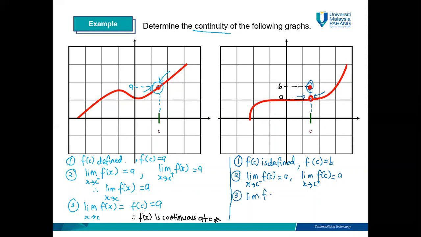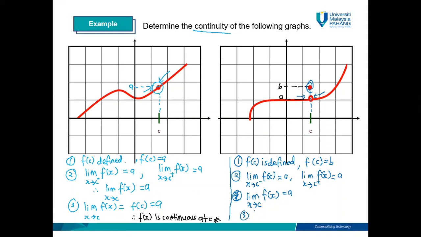So limit of fx when x approaches to C, limit kiri sama dengan limit kanan. So limit of fx. Sorry my dear, fx. Okay, limit of fx when x approaches to C is equal to A.